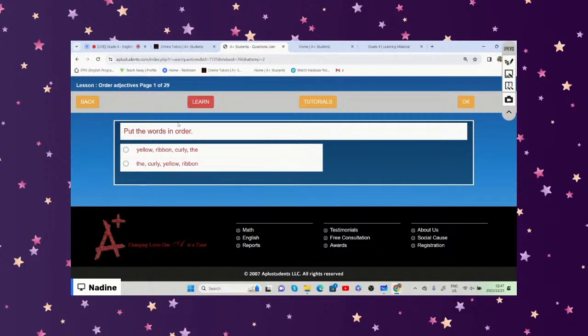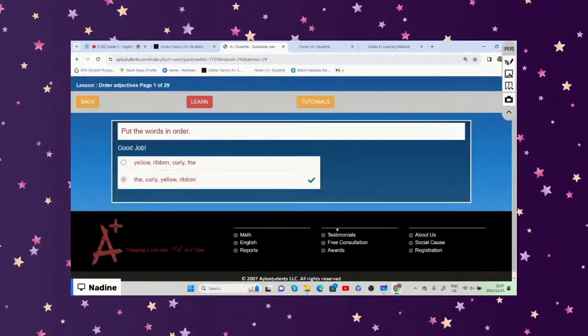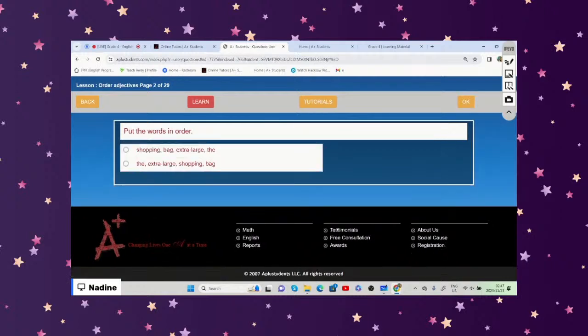And if we put these words in order, yes, we're going to say it is the curly yellow ribbon, which is option 2, because we put it in order describing the ribbon. Then shopping, bag, extra, large, the, or the extra large shopping bag, option 1 or option 2.